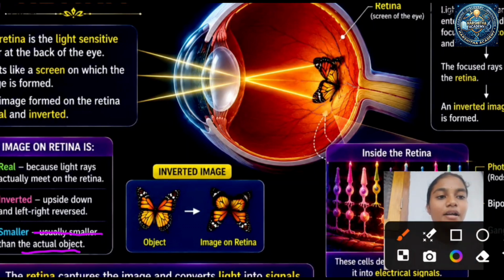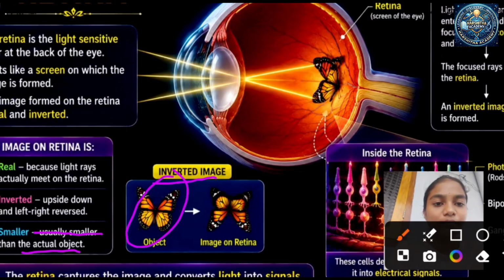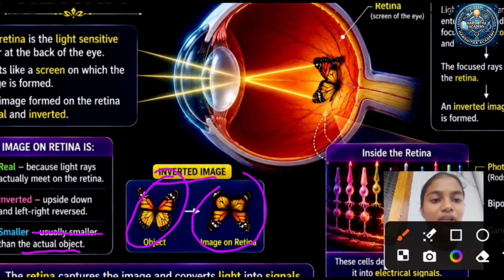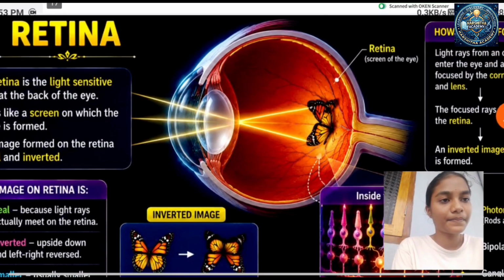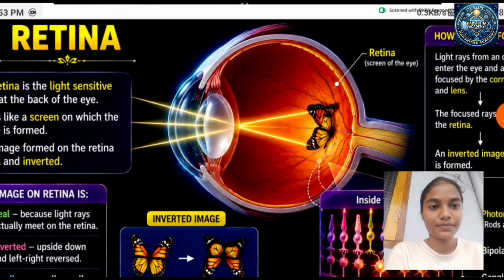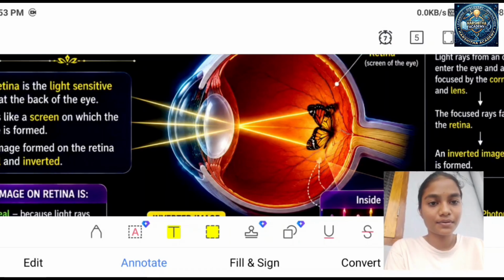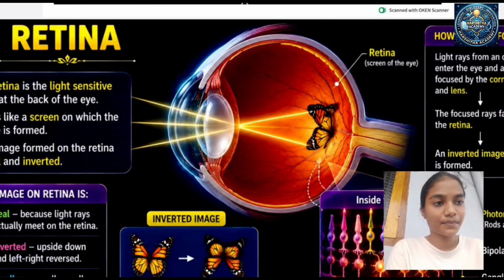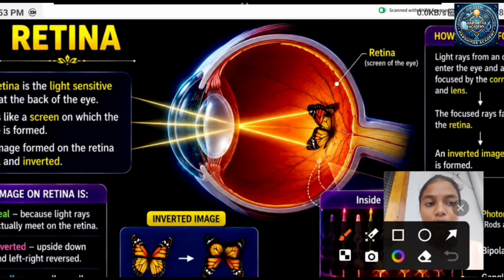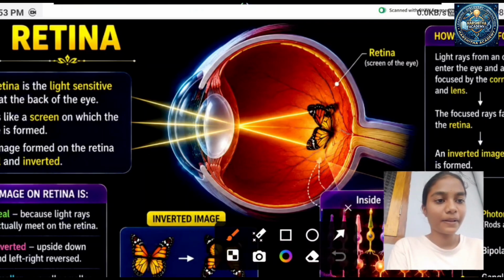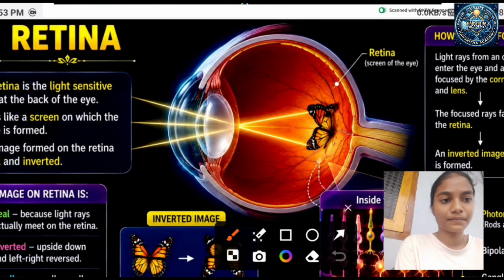Image inverted means the actual image is like this, but the image formed on the retina is like this. And next, how is the image formed?